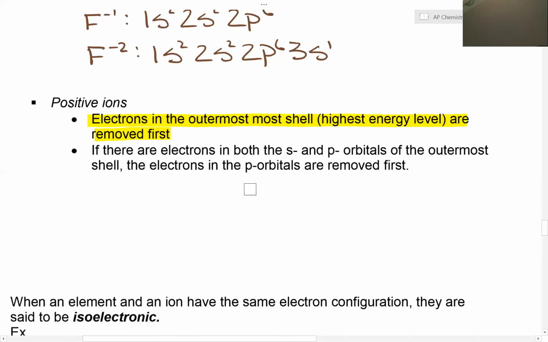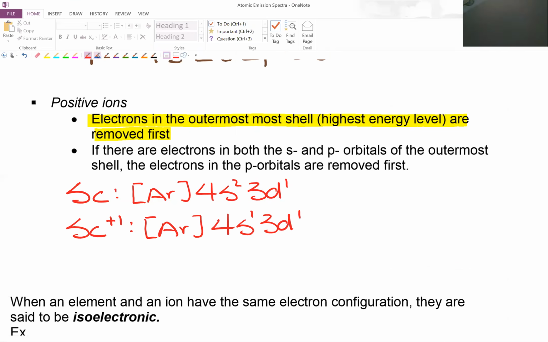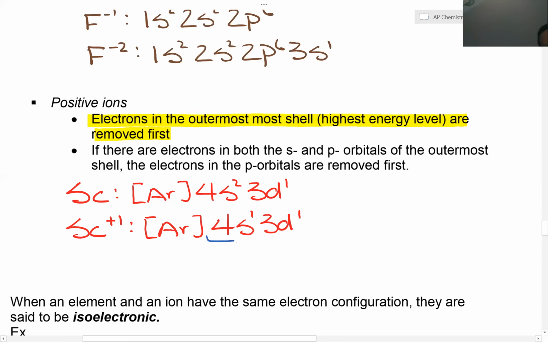Let's say we have scandium. Scandium is argon, 4s2, 3d1. Now, if we had scandium plus 1, you would have argon, 4s1, 3d1. Notice the electron was removed from here.